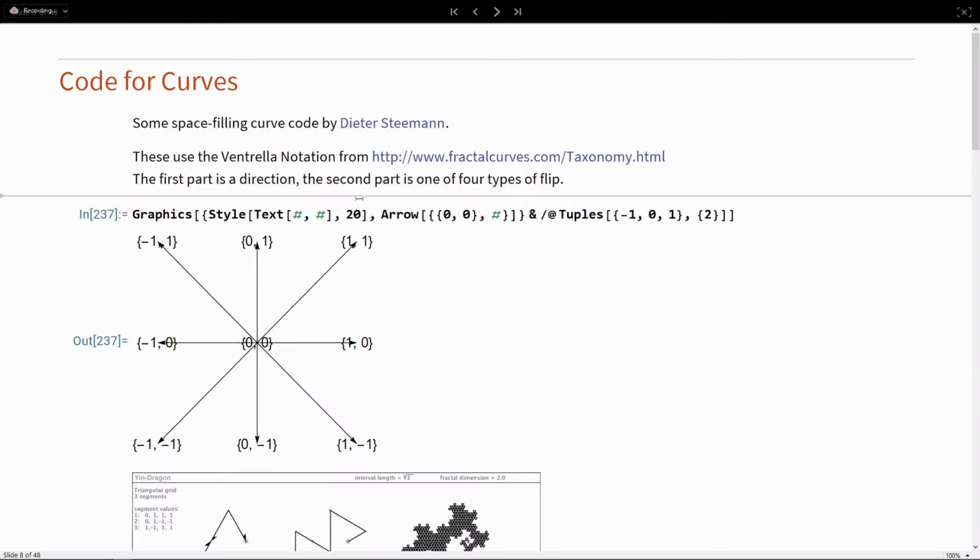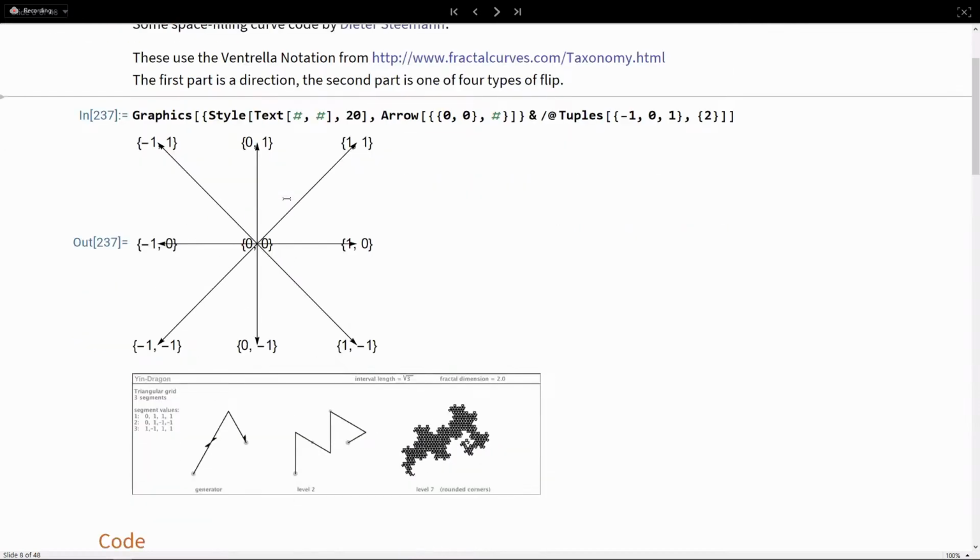There's also what's called the Ventrella notation, which is something I'll be using. So basically, the first part of the code is the direction that it goes based on these values, and there's both a square grid notation and a very related triangular grid notation, which basically removes the 1, 1 and minus 1, 1.